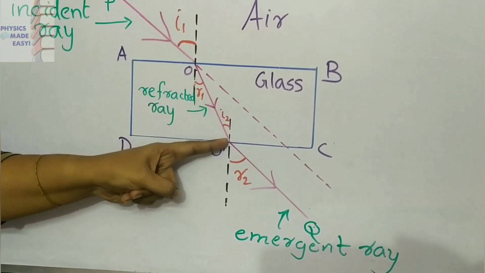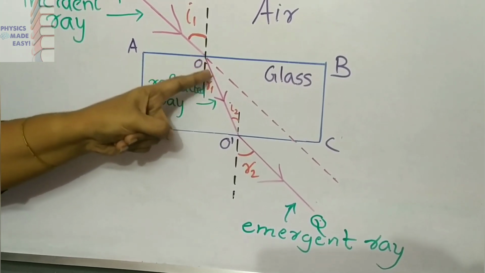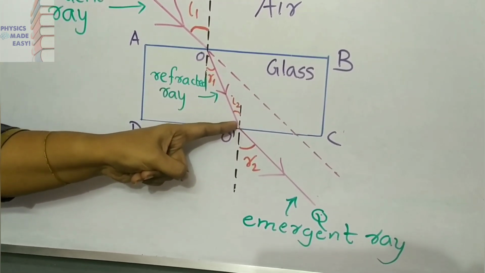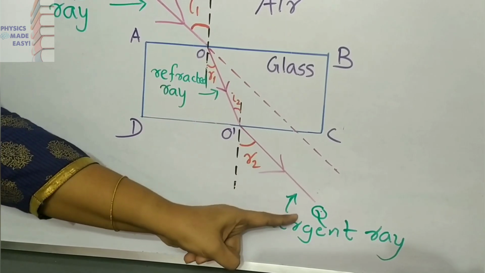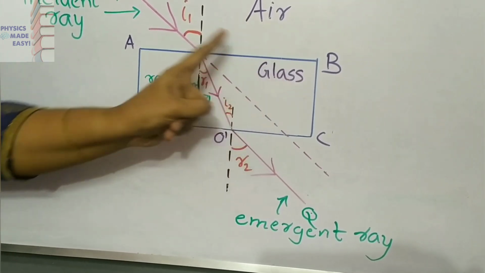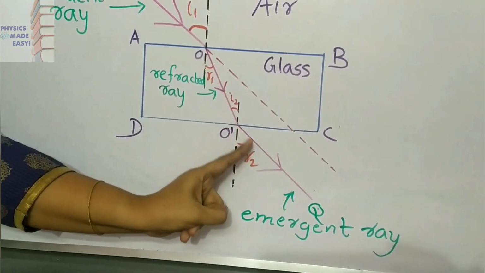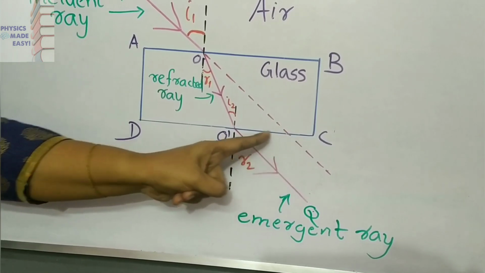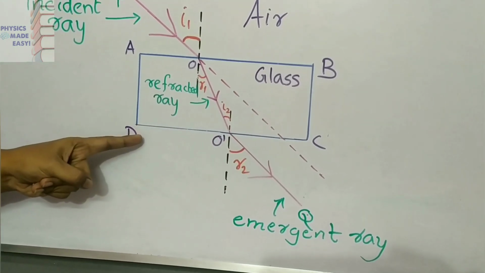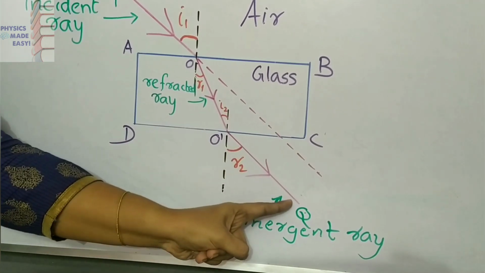So at this interface CD, we can say O dash is the incident ray and that is refracting here, coming out, emerging out from this glass slab. If you are considering refraction at this interface CD, you can say this is the incident ray and this is the refracted ray.